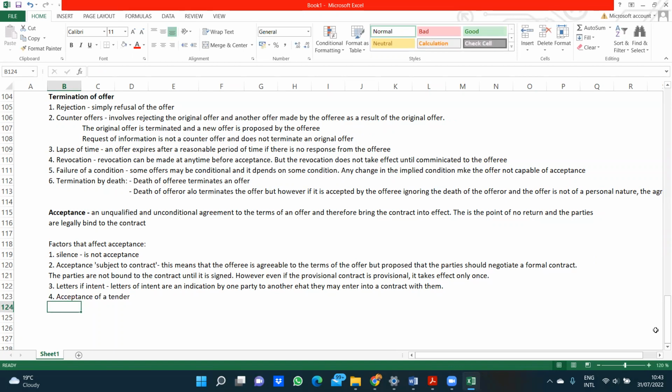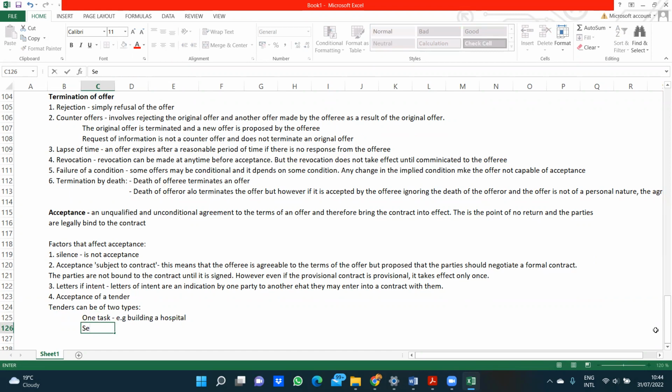And tenders can be of two types: one task, for example, building a hospital, or several tasks.